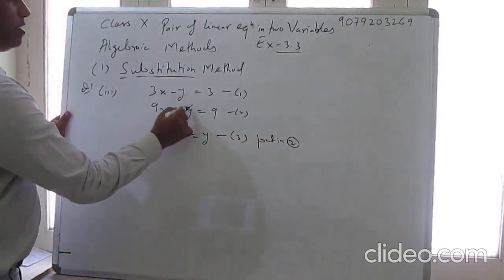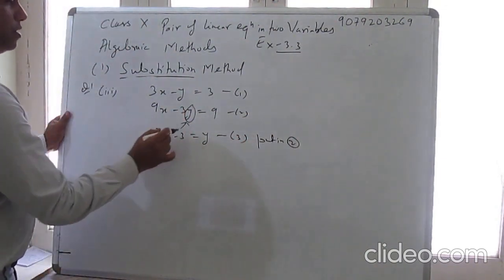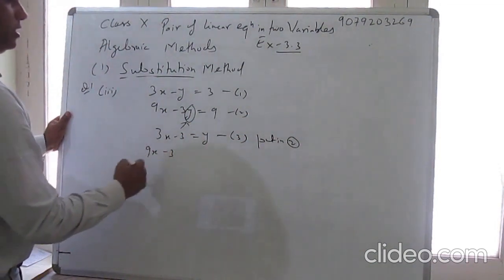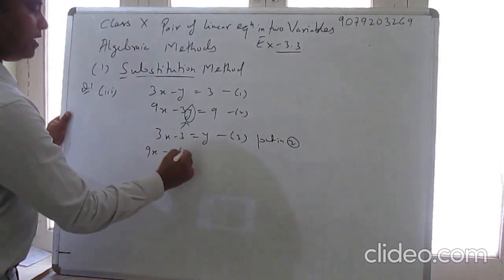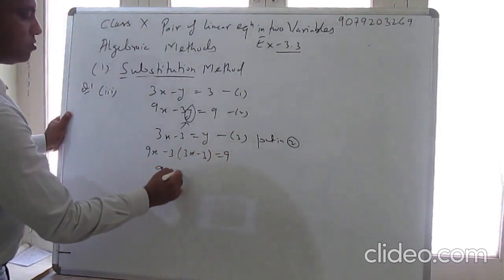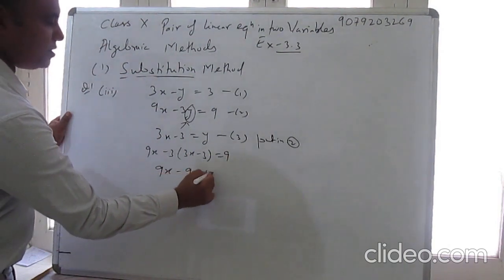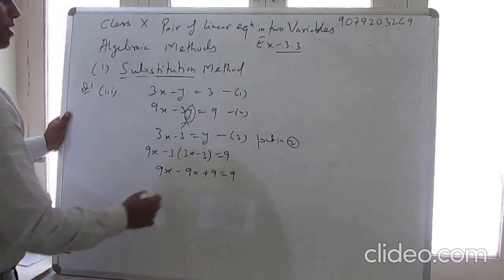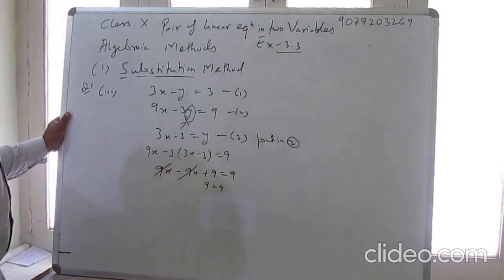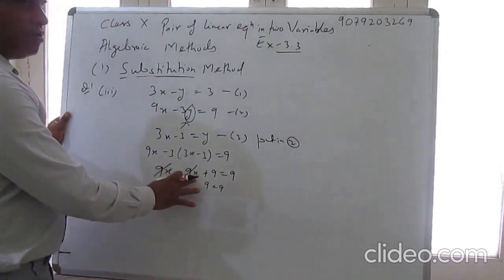Instead of y, you can write 9x minus 3 bracket 3x minus 3 is equal to 9. 9x minus 9x plus 9 is equal to 9. 9x cancels and you see that we are not able to find the value of x.